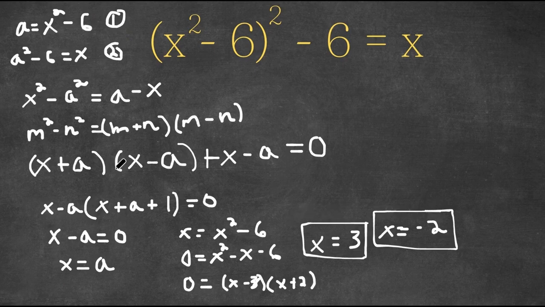However, there is still another equation. We still have x + a + 1 equals 0. So if x + a + 1 is equal to 0, that means that x is equal to, I'm going to subtract everything and move it to the right-hand side, −a − 1.